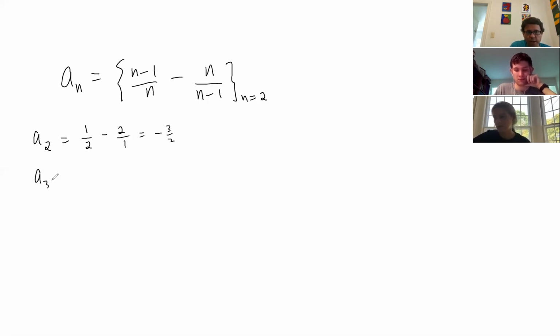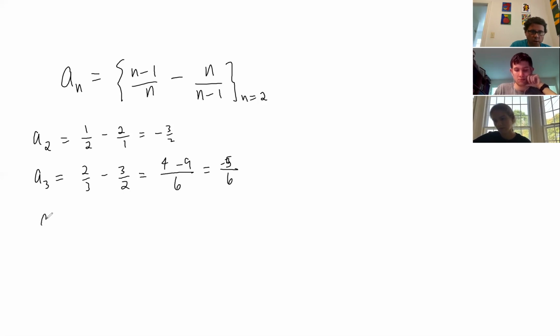If I plug in 3, I'll get 2 over 3 minus 3 over 2. All right, what is that? Now it's a certain number of sixths. It's 4 over 6 minus 9 over 6, minus 5 sixths.